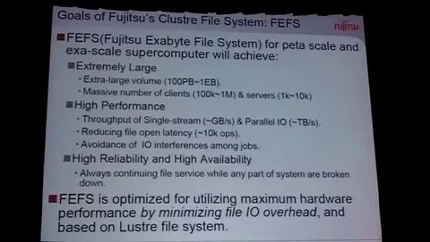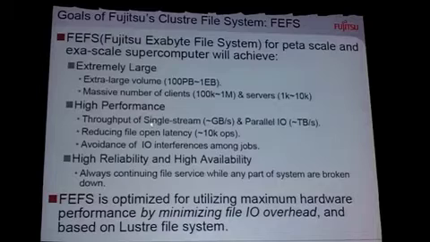So I talk about the goals of our file system, FEFS. FEFS means Fujitsu Exabyte File System, for the peta and exa-scale supercomputers we are aiming for. There are 3 topics. One is extremely large capacity, 100 petabytes to 1 exabyte, and a massive number of client servers.